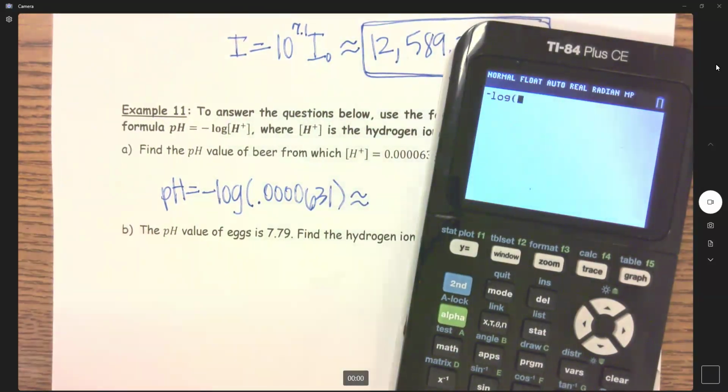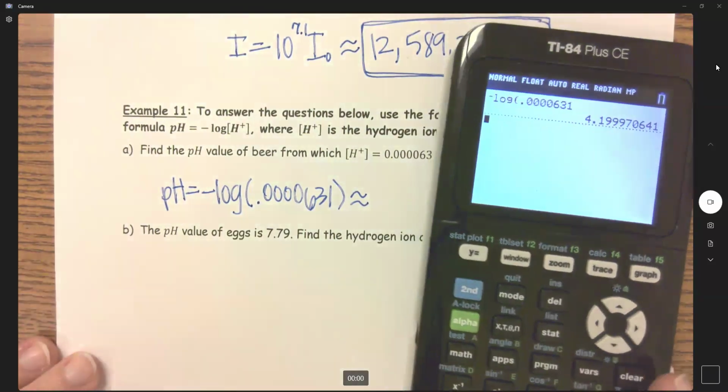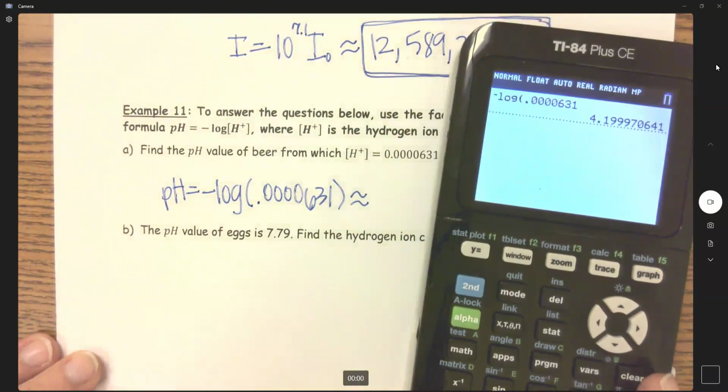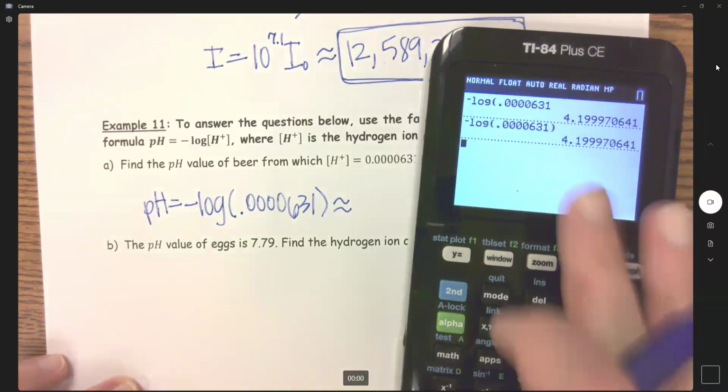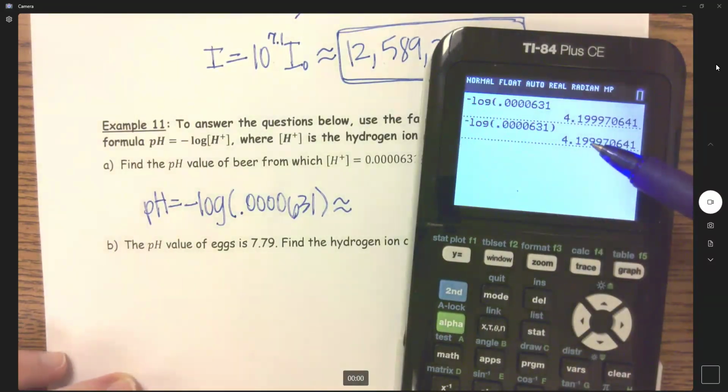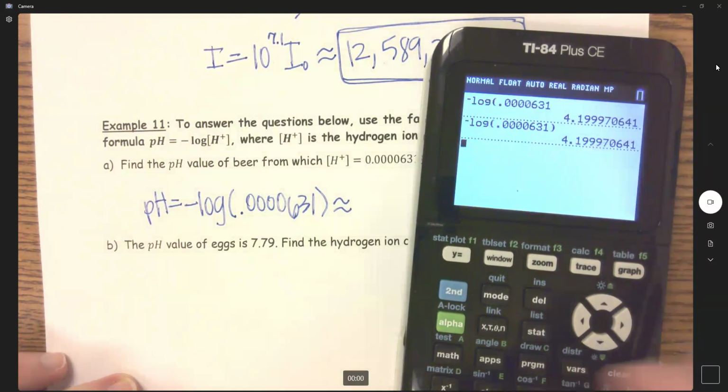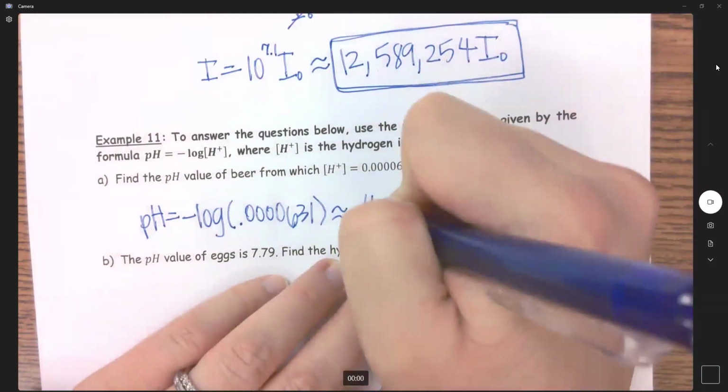So negative log, and then type it in. Sorry, I had a different answer in my answer key, but I think this looks right. So if we're rounding to the nearest tenth, that 9 makes that 1 go up, so this should be 4.2.